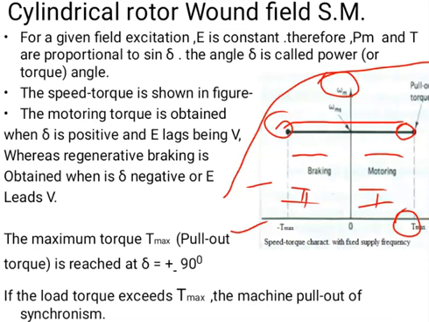As we know, the maximum torque Tmax or pull out torque is reached at delta equals plus or minus 90 degrees. If the load torque exceeds Tmax or pull out torque, the machine pulls out of synchronism according to this speed-torque characteristic.